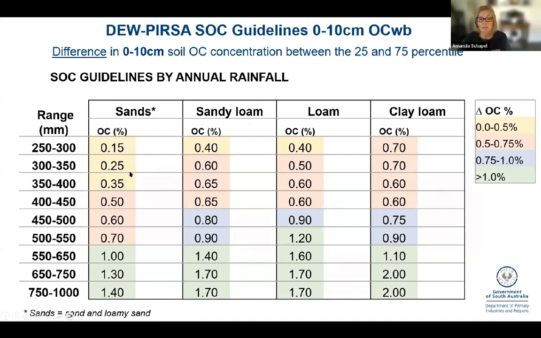Sands can expect an increase of, say, 0.3% carbon. If we go over to something like our clay loams, so think of your swale soils that have that heavier texture in between, you're looking at double that, so 0.6 to 0.7%. So if you're looking for an opportunity to increase your carbon levels, look for your soil types with heavier texture that have more potential to stabilize that carbon.